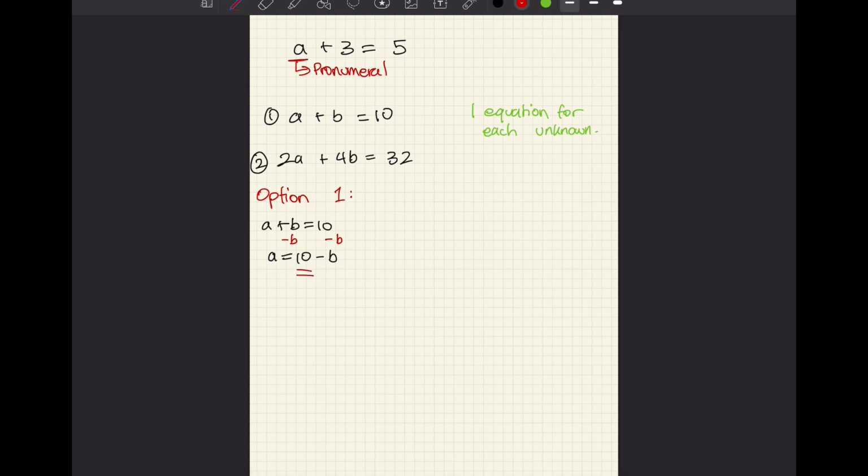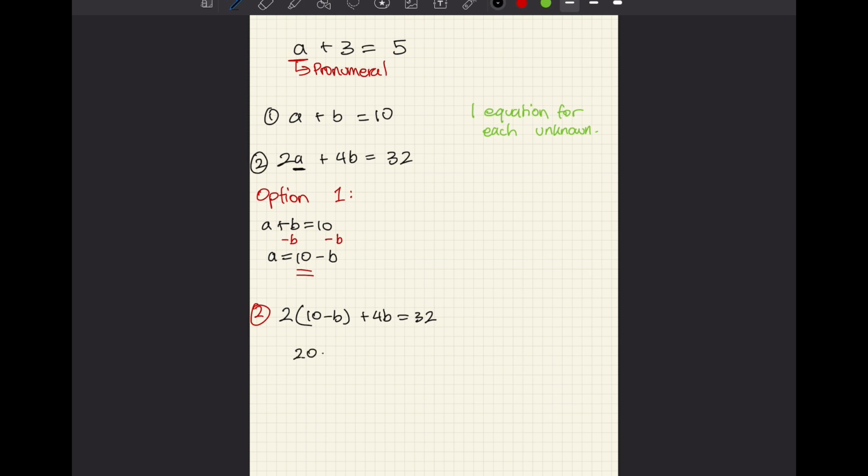Great. Now, if we get equation 2, what we can do is substitute a equals 10 minus b, where a is up here. So 2 times 10 minus b plus 4b equals 32. So this factor here is equal to a. So we can replace that a from there. So if we solve then, we only have one equation to deal with.